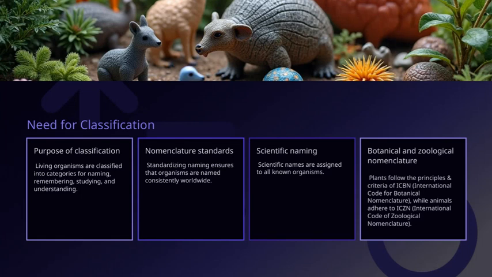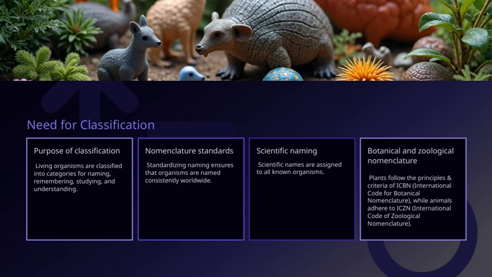Plants follow the principles and criteria set by the International Code for Botanical Nomenclature, or ICBN, while animals adhere to the International Code of Zoological Nomenclature, or ICZN. These codes help us establish a standardized system for naming organisms. Scientific names are assigned to all known organisms, whether they are plants, animals, or other living things.